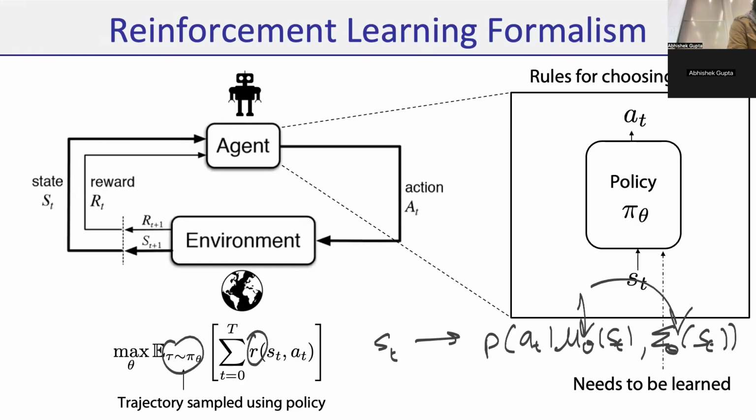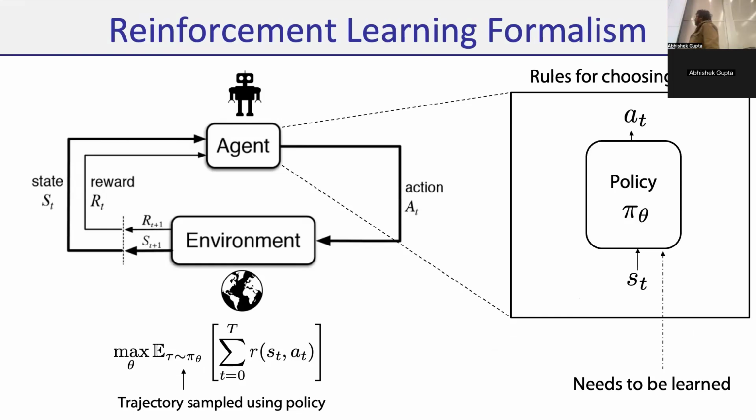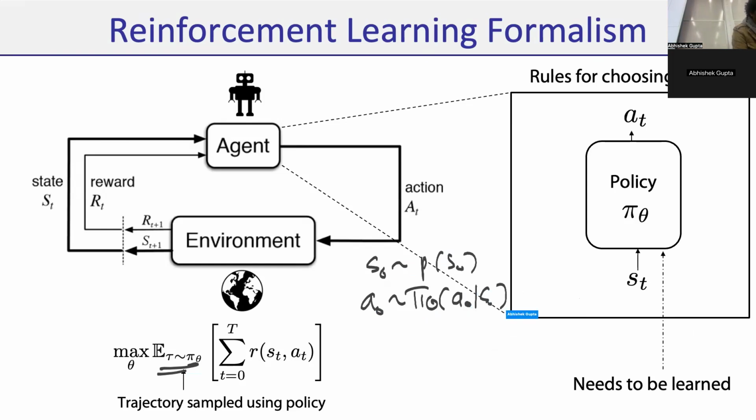Okay. And the objective we care about is the expected sum of rewards, which is saying that if I drew trajectories under my policy pi theta, I want to maximize the sum of rewards under those trajectories. When I say draw trajectories under pi theta, that means you sample an initial state, then you sample an action from pi theta of A_0 given S_0, then you run the action in the world to give you S_1 from P of S_1 given S_0, A_0, right?